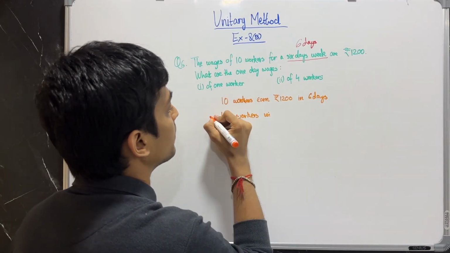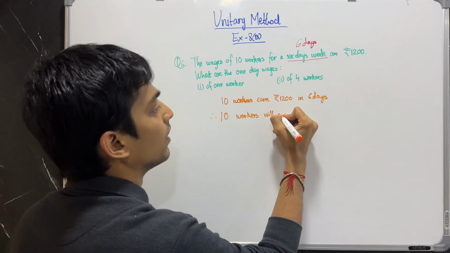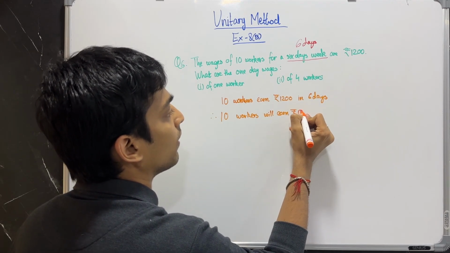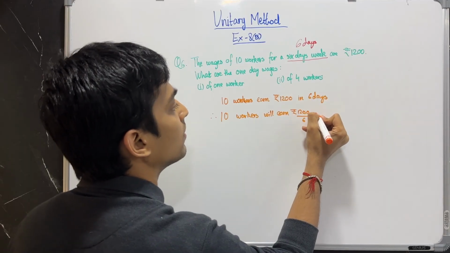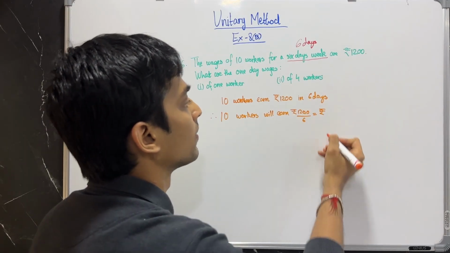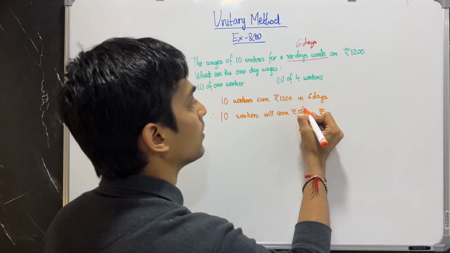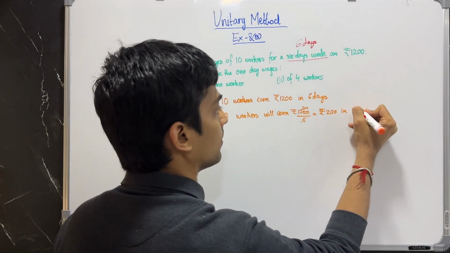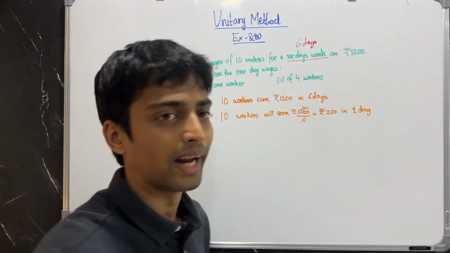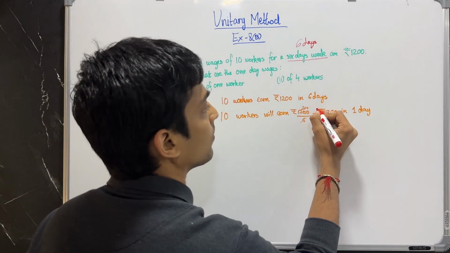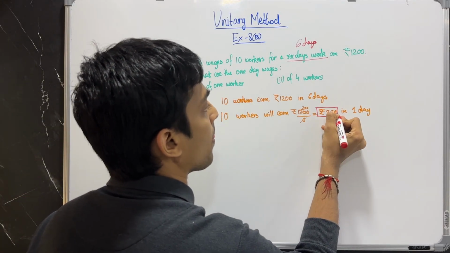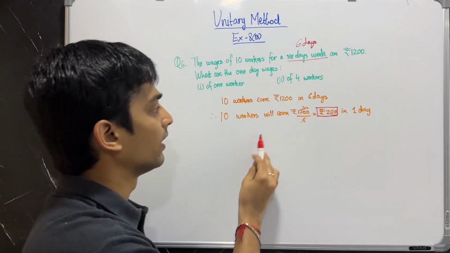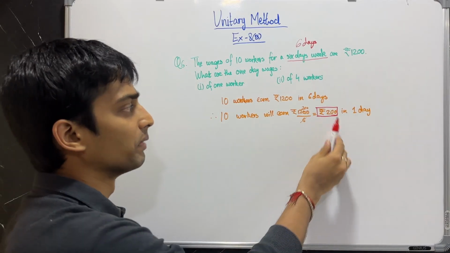Therefore 10 workers will earn 1200 upon 6, which is 200 in 1 day. Right? We'll highlight this. Now 10 workers will earn 200 rupees in 1 day. In total, they are earning 200 rupees in 1 day.